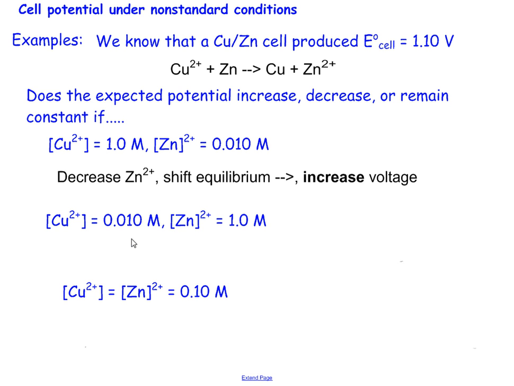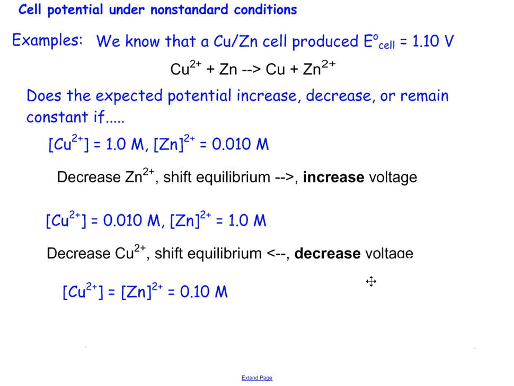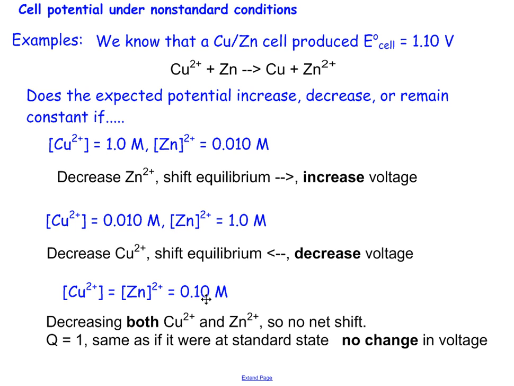Use the same thought process to try to figure out the next 2. Ready to take a look? If you need more time, pause the video. In the second case, I'm decreasing reactant.